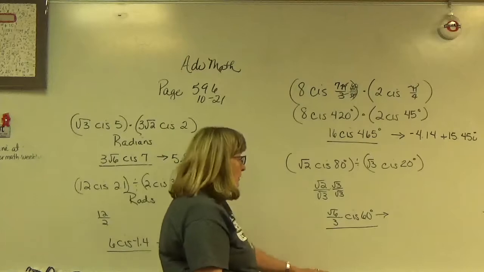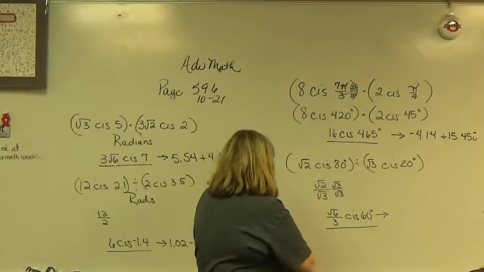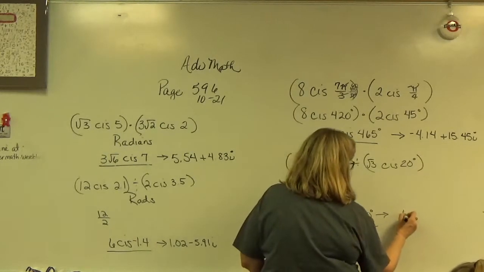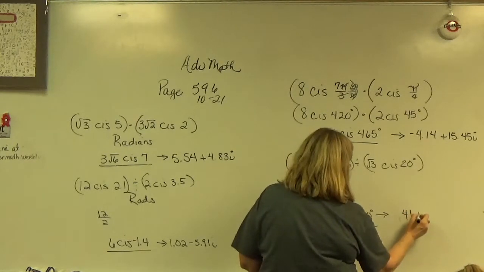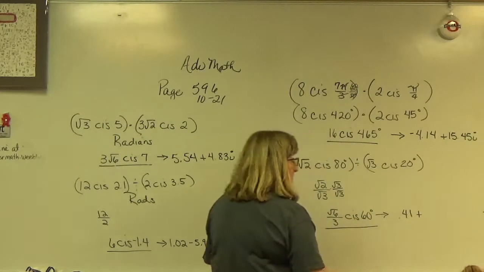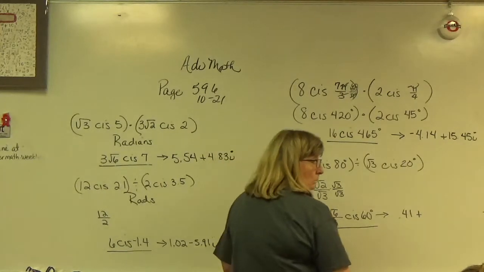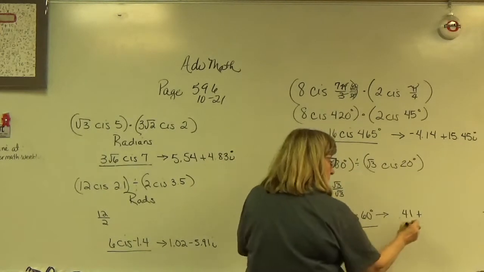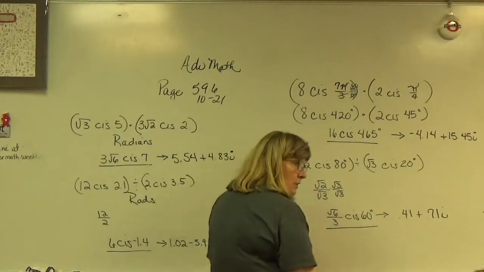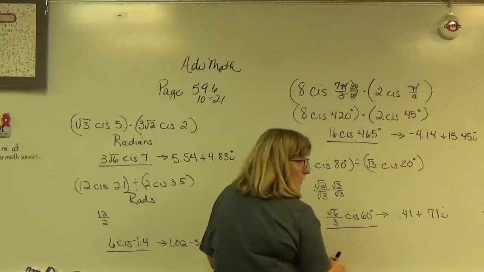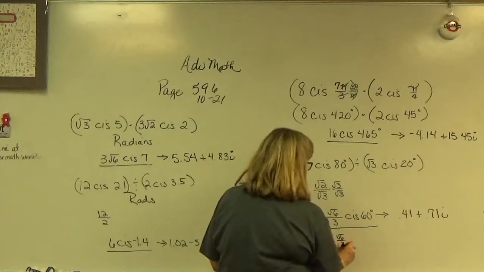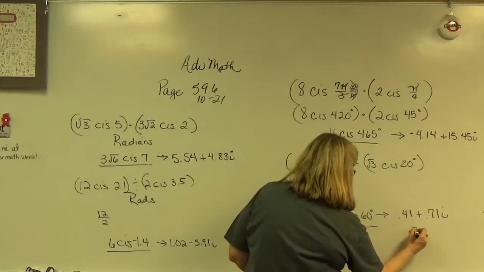Now what do we do to convert it? 0.41. 0.71. Yeah, this one is one we should have known, right? What's the cosine of 60 degrees? So square root of 6 over 3 times 1/2 would be the square root of 6 over 6.